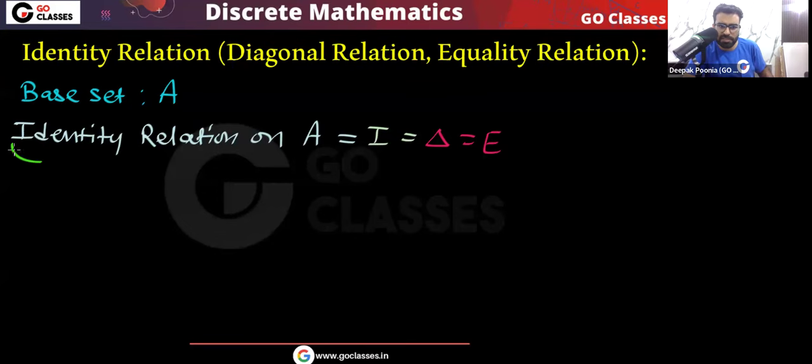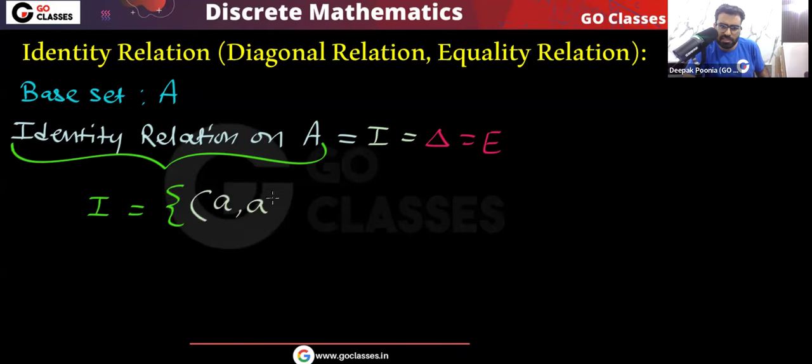So let's see the identity relation on set A. It is defined like this: it is basically the set of all and only reflexive pairs. This identity relation is a set of ordered pairs of type (a, a), where a belongs to base set A. So remember, in the identity relation we have all the reflexive pairs and only the reflexive pairs.